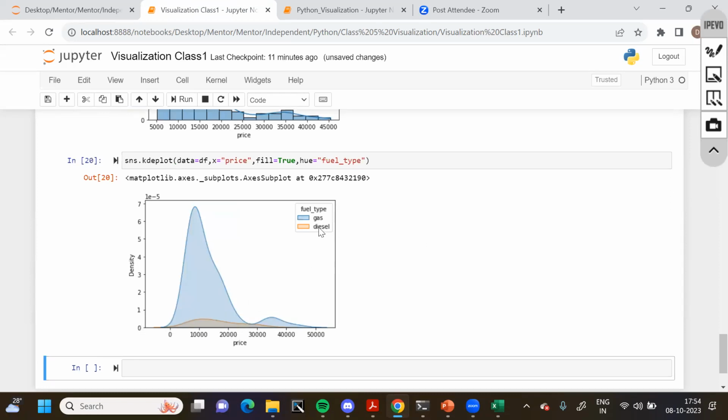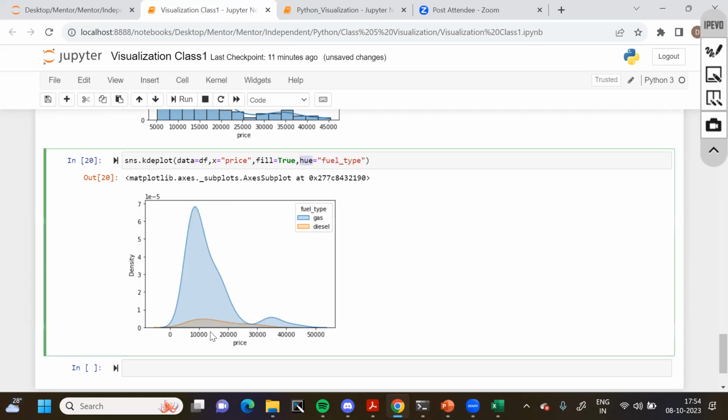You can see that diesel vehicles have the lower prices. I have hue, which means divide this based on the color. So you can see that gas has the higher price ranges, whereas diesel has the lower price ranges. So you can now understand how the price is differentiating.